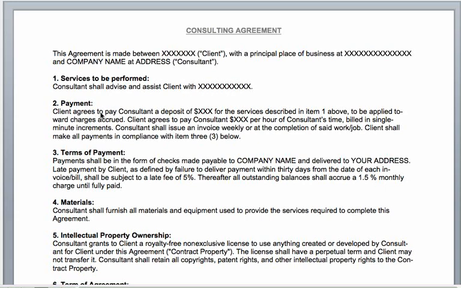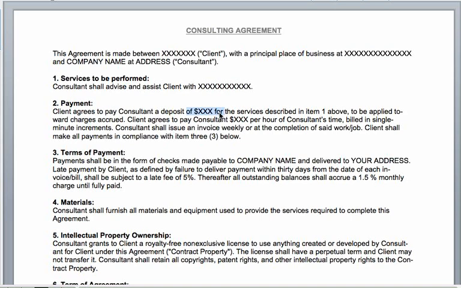And in the second clause we have the payment clause, where you specify the deposit, the amount of the deposit that the client will be paying you. And this is crucial. You do want to get a deposit from every client before starting work for them, because with a new client, you don't know whether they're able to pay you for the services that you're going to render, and you don't know if they're inclined to pay you.